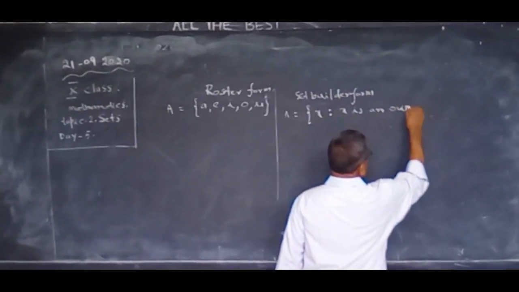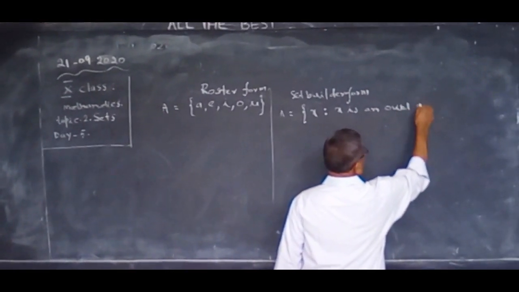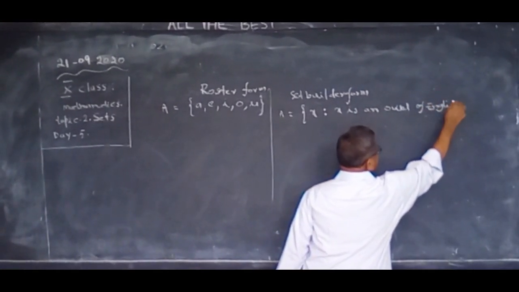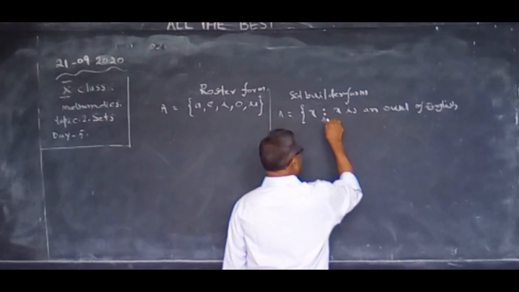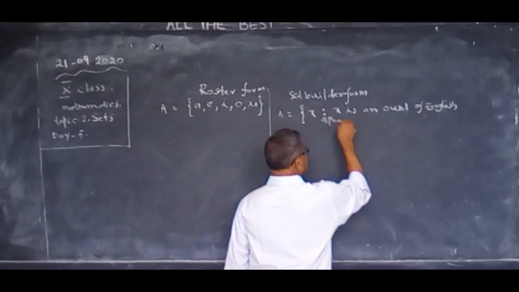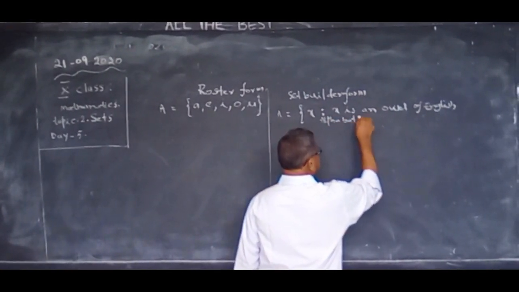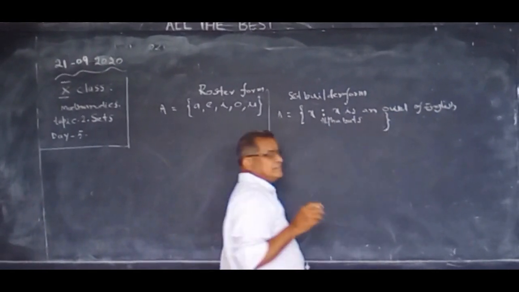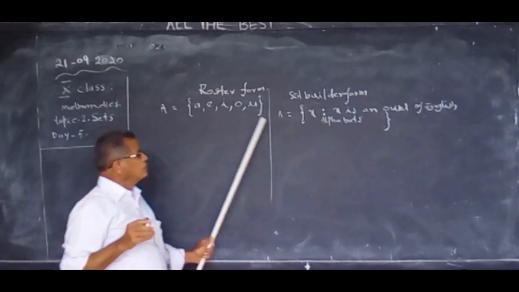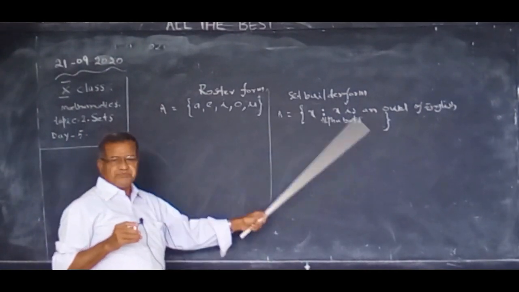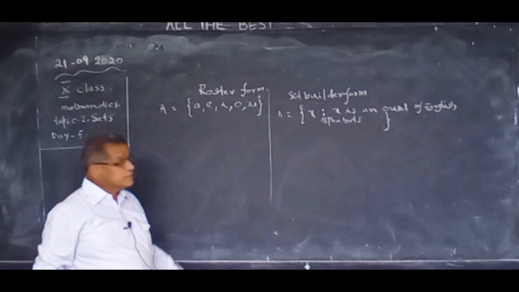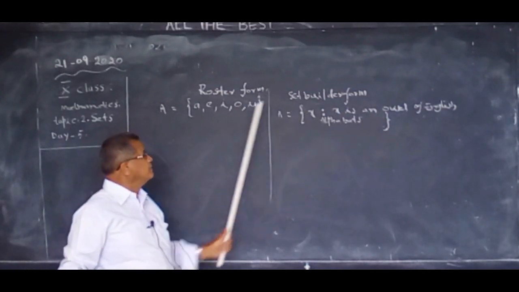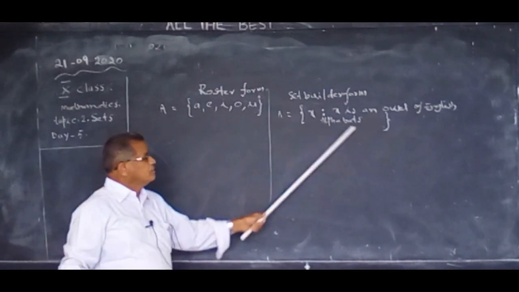X is a vowel of the English alphabet. Enclose it in brackets. This is the way of writing set builder form. In the set builder form, mainly we have to write the common property of the elements.